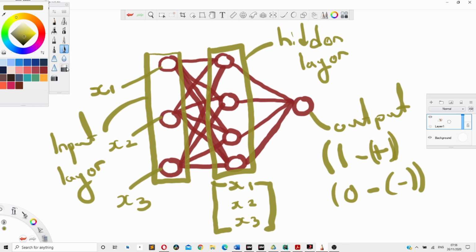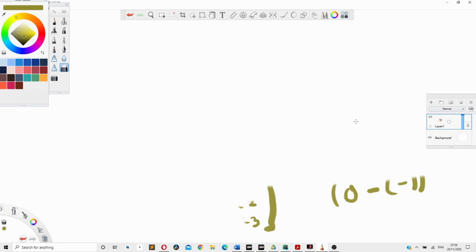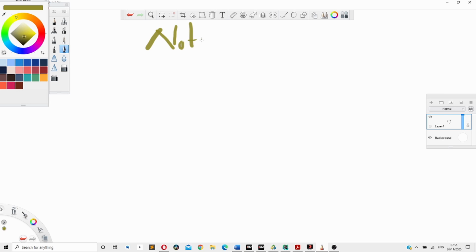Right now we are going to define our notation, which we are going to use in this video series. We are going to represent our training data, or our features.